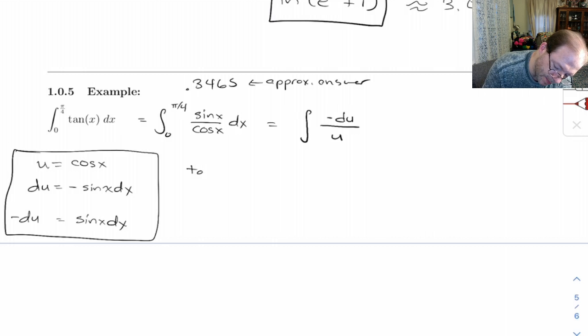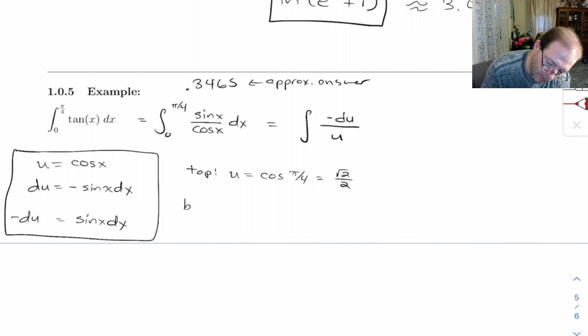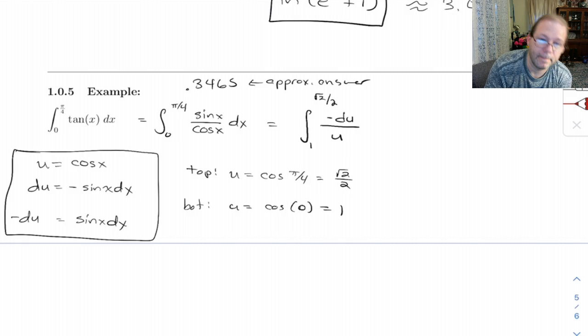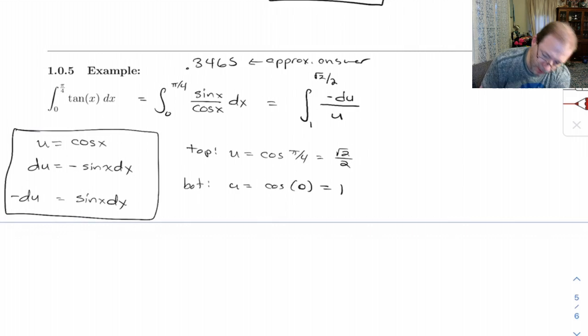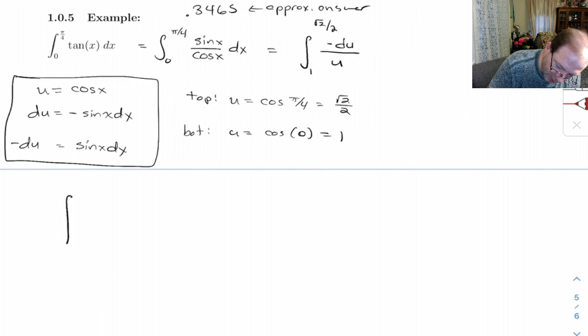And now my top and bottom. On the top, u is going to be cosine of pi over 4, which is root 2 over 2. And on the bottom, u is cosine of 0, which is 1. So I get that. Now I'm going to bring this down to the next page where I can write it more neatly. I've got the integral from 1 to root 2 over 2 of du over u.